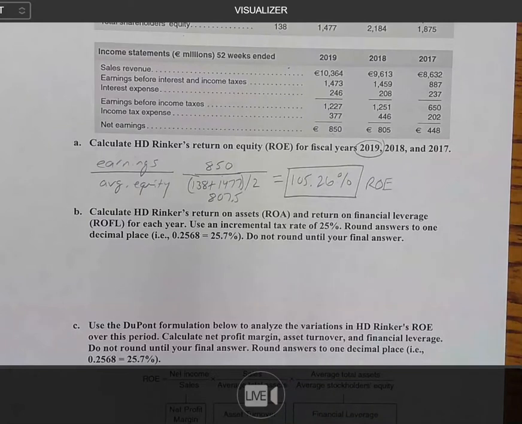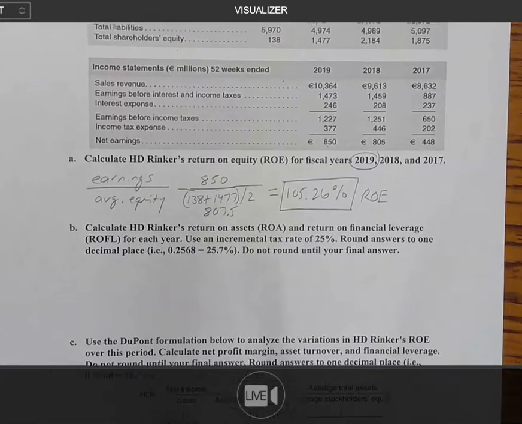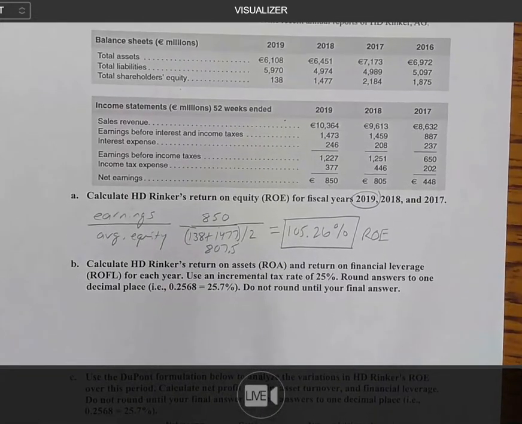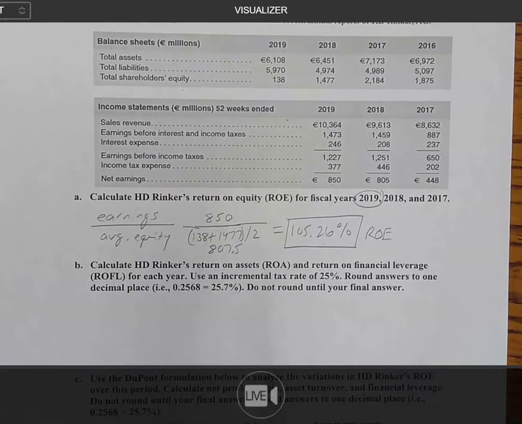Well, what we're going to do is take our earnings from operations, not our net earnings necessarily. We're going to adjust that for the tax savings, and then we're going to divide that figure by our average assets, which makes sense since we are in fact looking at ROA.